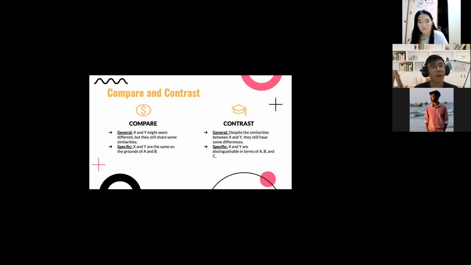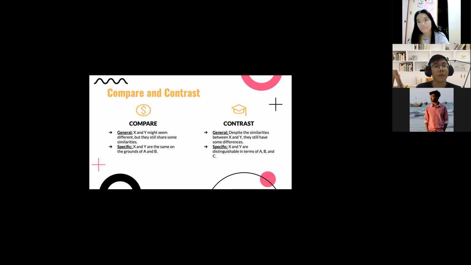But when you're discussing it specifically, you would say subject X and subject Y are different in terms of point A, point B, and point C. So in the specific type, you would typically list out the points on which they differ from each other.